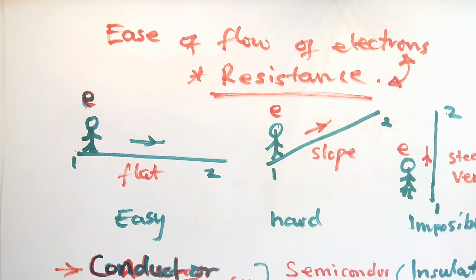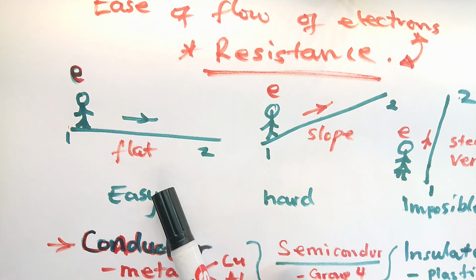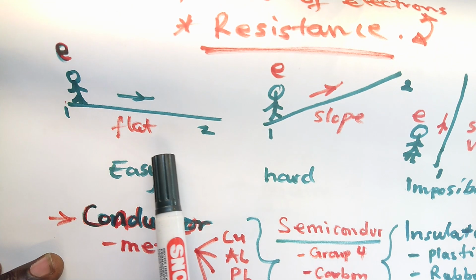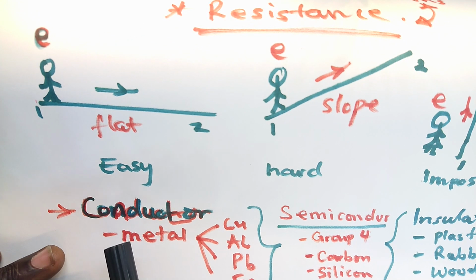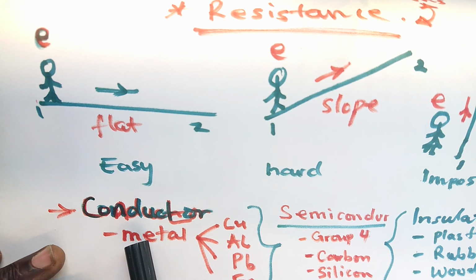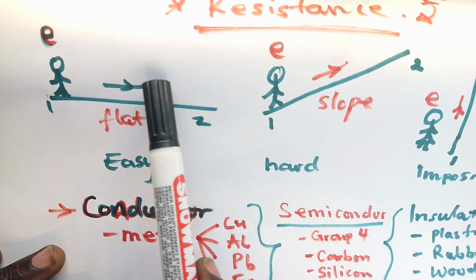And you know that we have mentioned that resistance is the ability of any material to stop or oppose the flow of electrons. So that means a conductor has a very low resistance because it has a very low ability to resist the flow of electrons.